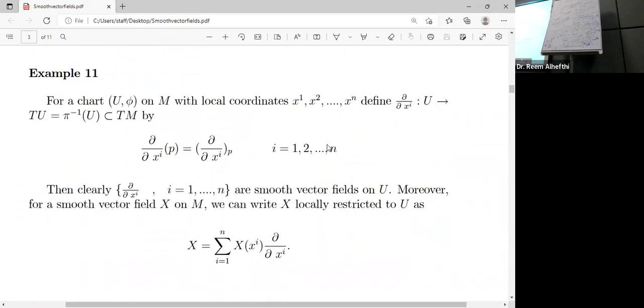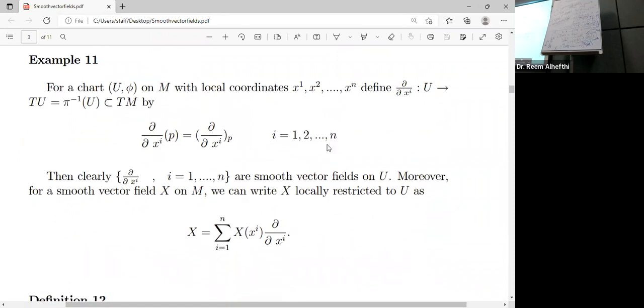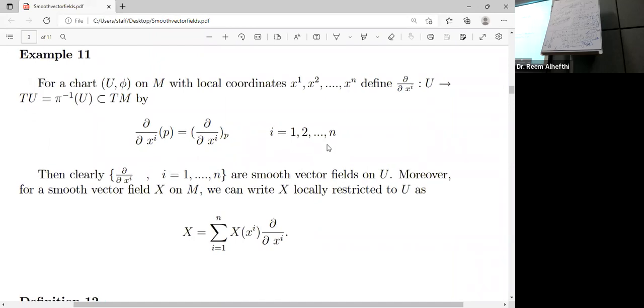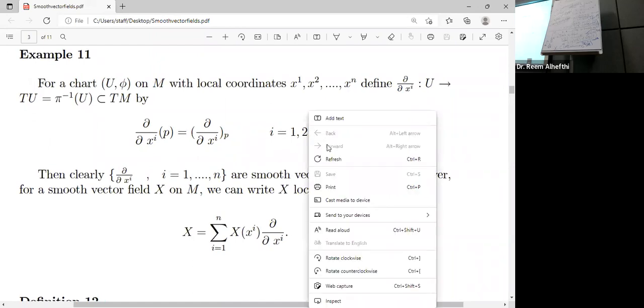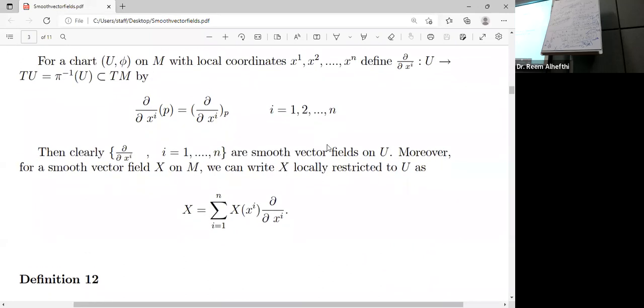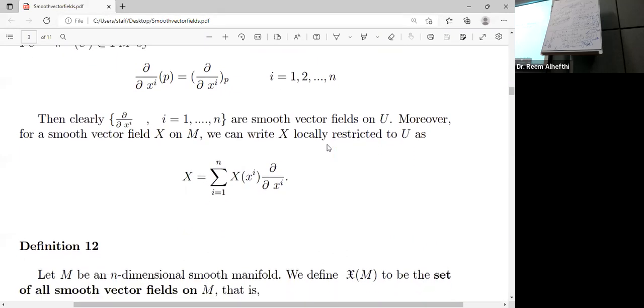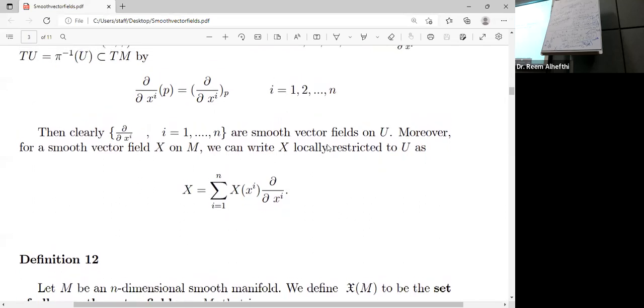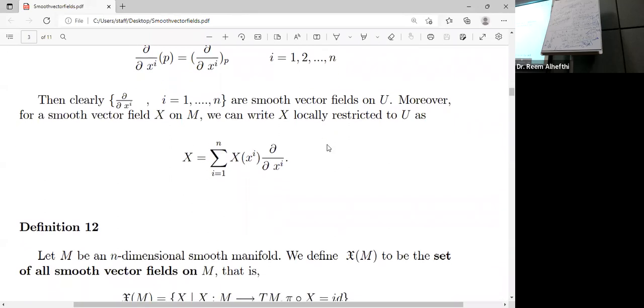There is an example of a vector field here. That is example 11, as was actually asked by Professor Abdul Rahman. Here, you take a chart, U being an open subset of M, itself a smooth manifold, and you have a local coordinate system, and that gives you a tangent vector at each point, del by del xi, and then you define the vector fields del by del xi.